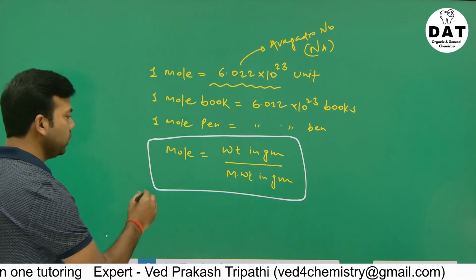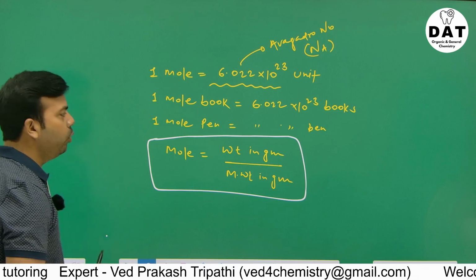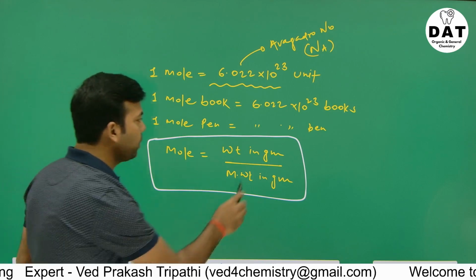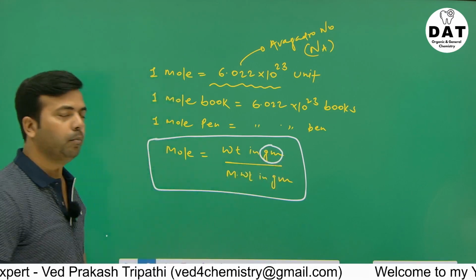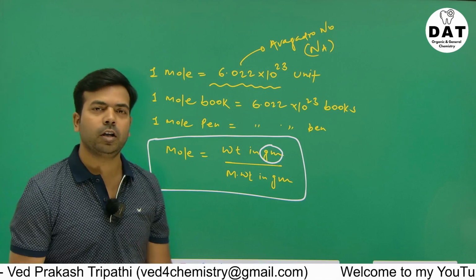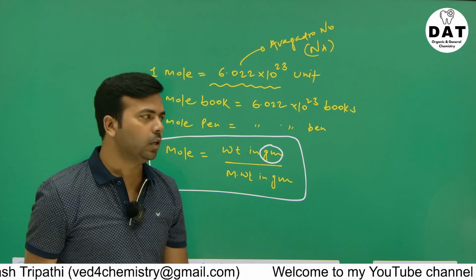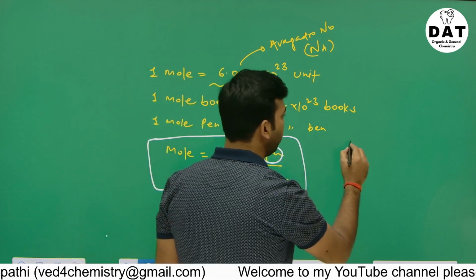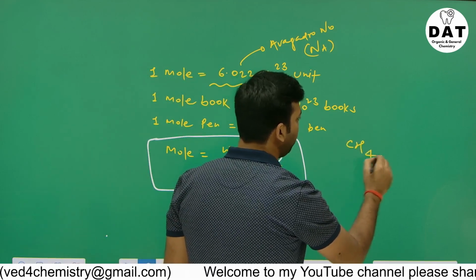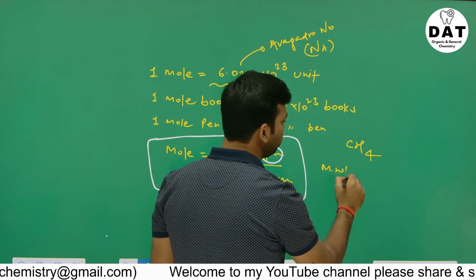So what is mole? This is a very important formula. Mole is equal to weight in gram divided by molecular weight. And what is molecular weight? It is the sum of the atomic weights of all the elements present in a compound. Suppose we have a CH4 molecule, and I am asking what is the molecular weight of this.